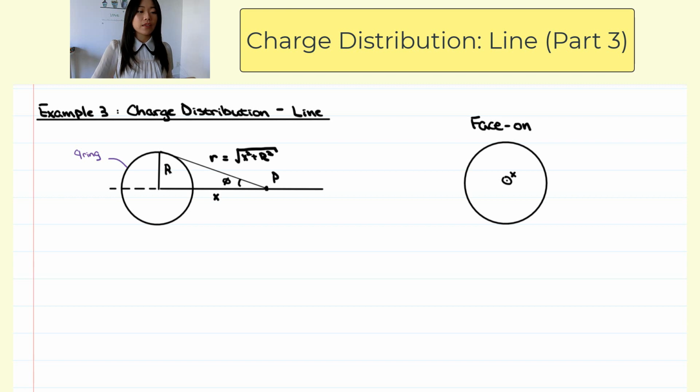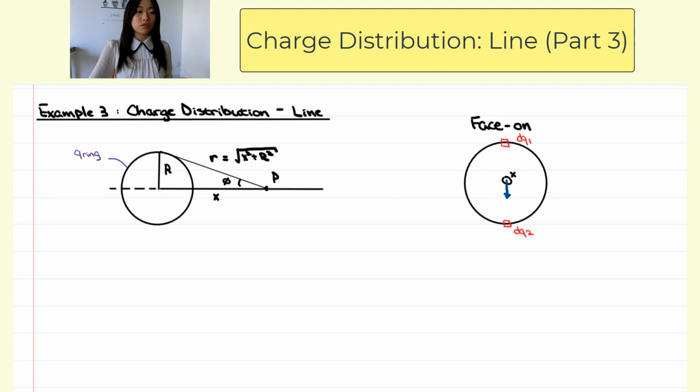Now I'm going to break the ring into small pieces, and I'm going to choose two elements. Let's take this element and this element. Let's call the charge of the first element dq1 and the charge of the second element dq2. The electric field due to dq1 will be pointing outward and downward.